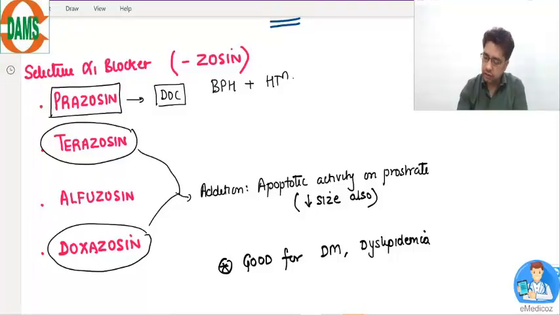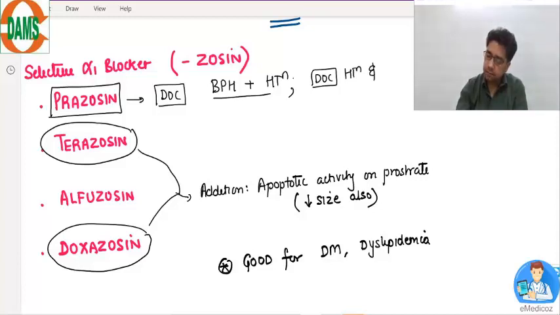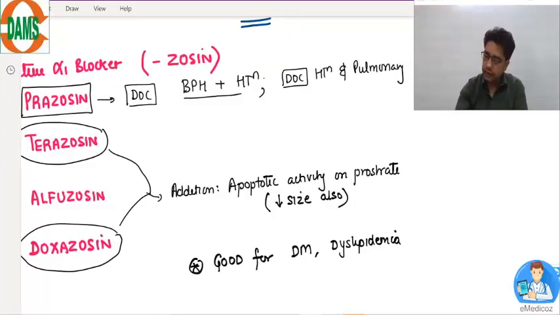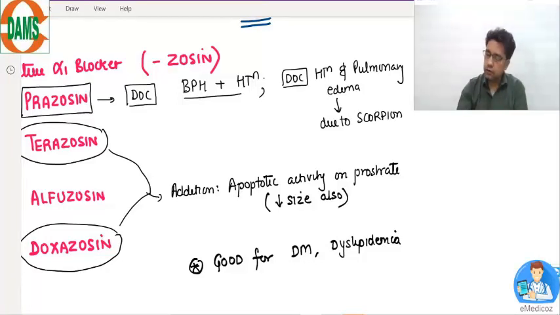With prazosin, you will write prazosin is also the drug of choice for hypertension and pulmonary edema due to scorpion sting.